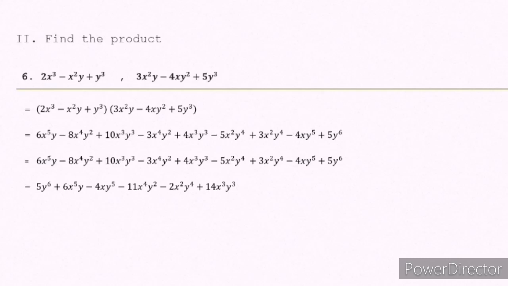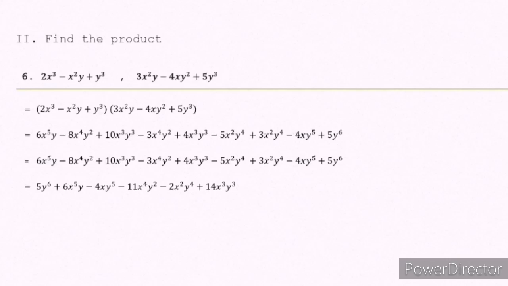Then the last, y cubed times 3x squared y is equal to 3x squared y to the 4th. Then y cubed times 4xy squared is equal to 4xy to the 5th. Then y cubed times 5y cubed is equal to 5y to the 6th.